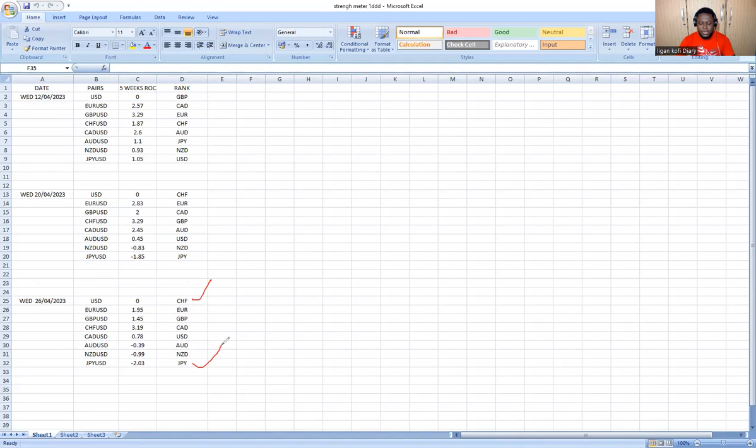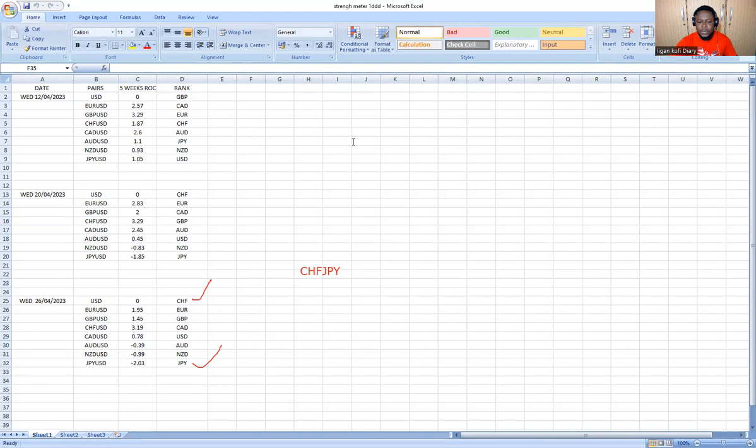So that will be CHF JPY. So you go look for CHF JPY and then you will do what? You will buy, because if the currency is going to be CHF JPY, then which is the strongest? It is CHF that is the strongest, and JPY is the weakest.